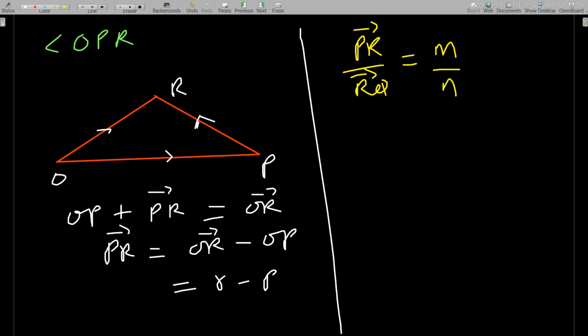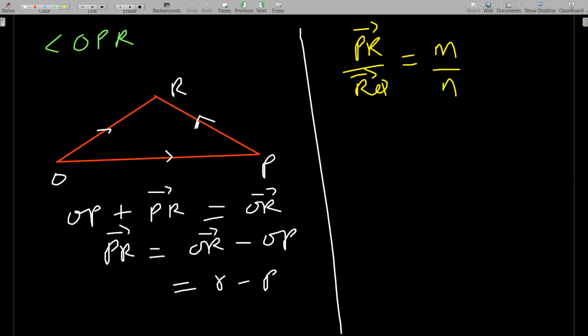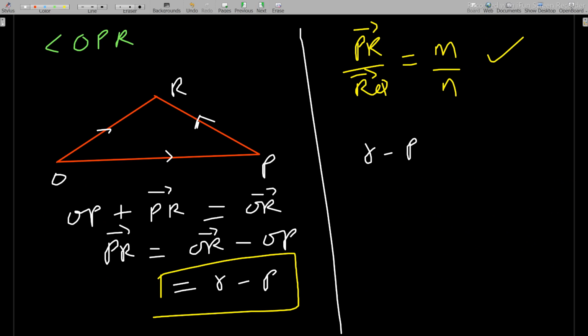Now we know PR, we know RQ. RQ is q minus r, and PR is r minus p. Putting them in the equation, we get r minus p over q minus r is equal to m over n.